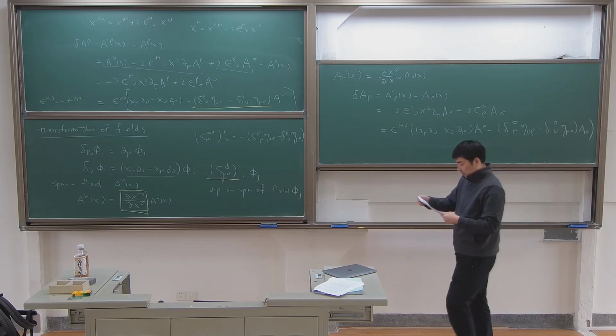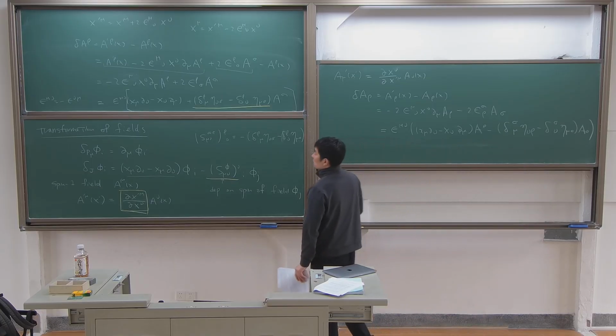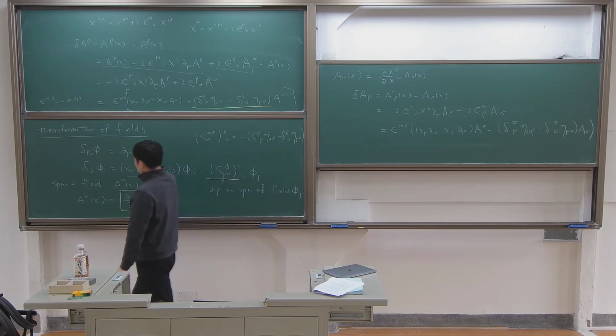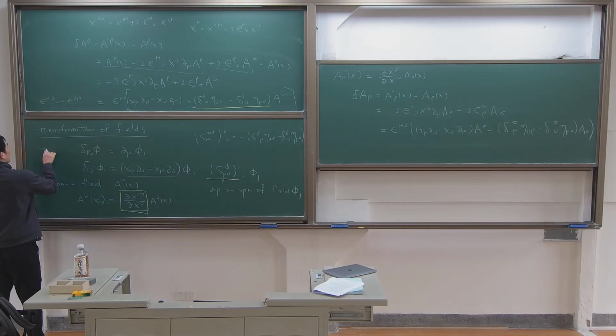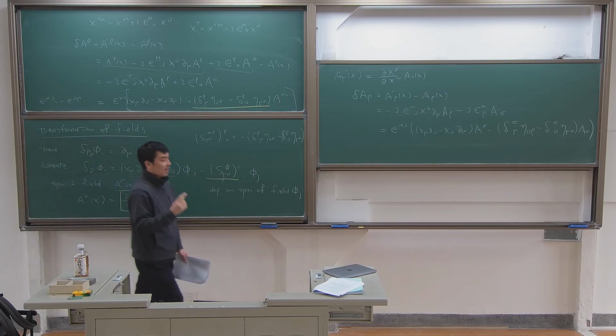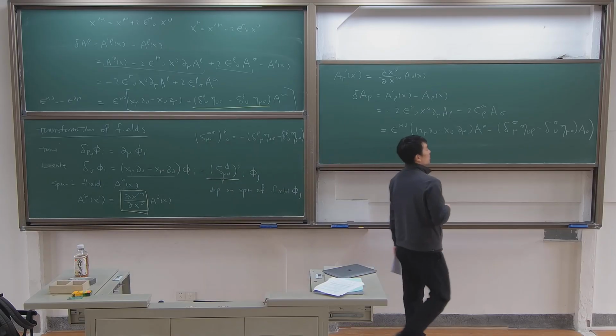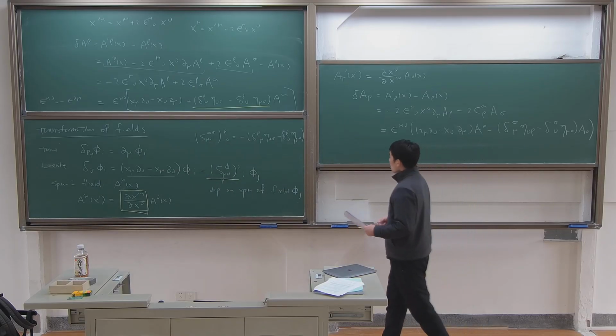Fine, and we can do the same exercise for this translation, and this is the rotation, or Lorentz symmetry, whichever is okay. It depends on whether you want the Euclidean signature.